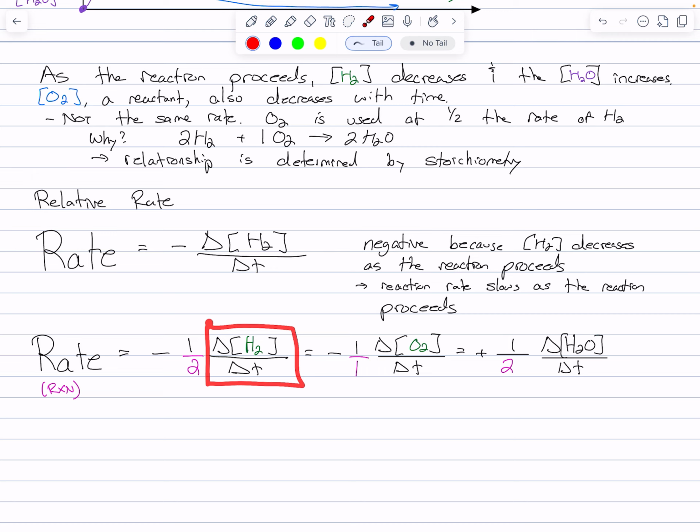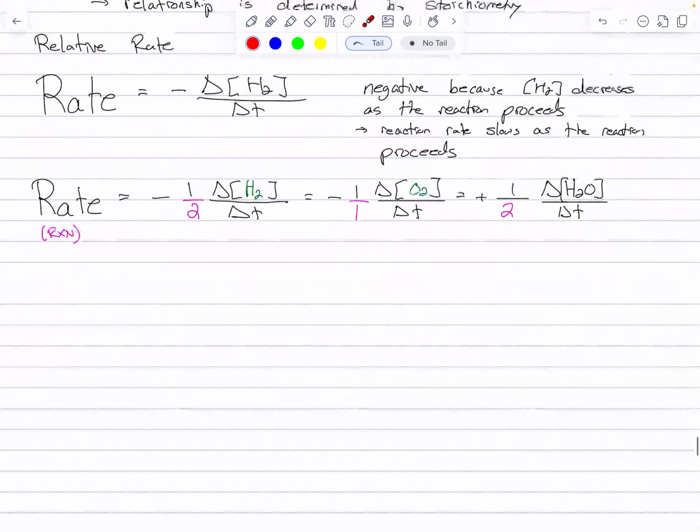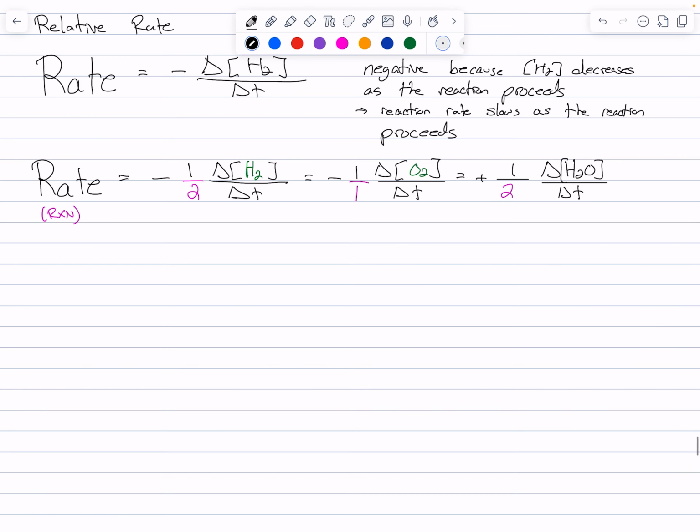That's a rate. Whatever rate you're using, hydrogen, 1 molar per second, 2 molar per second, these are just numbers, and the rate is just a number. We're going to talk about rates because sometimes there's more than one rate, and I want you to know what rate we're talking about.